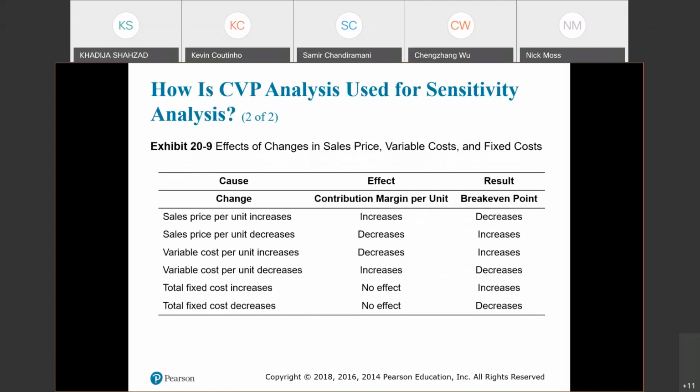Well, this slide shows how all these changes would affect the contribution margin per unit and the break-even point.